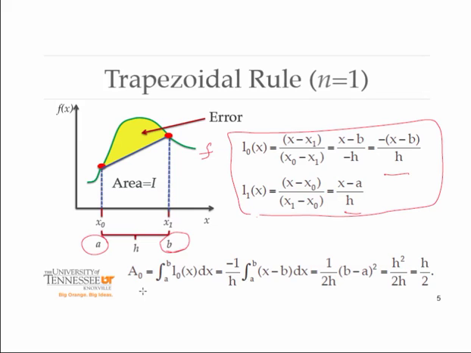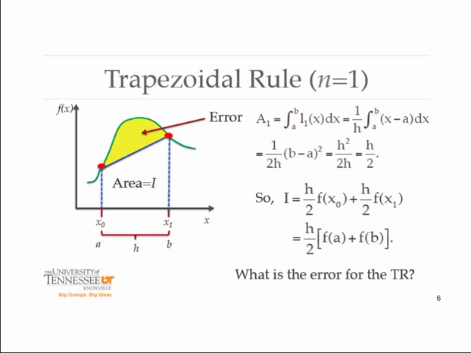Then the first weight is integrating the first cardinal function, and if we substitute what L0 of x is and do the integration, we get that the weight is h over 2. What we know is that h is the distance between a and b, and we need to take half that distance as the weight on our first function evaluation. If we go to the next slide, we can simply do the same approach to integrate L1 of x from a to b. There's the algebraic expression for L1 of x.